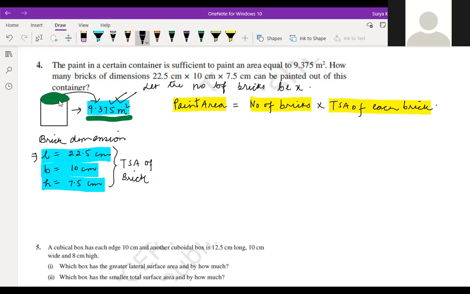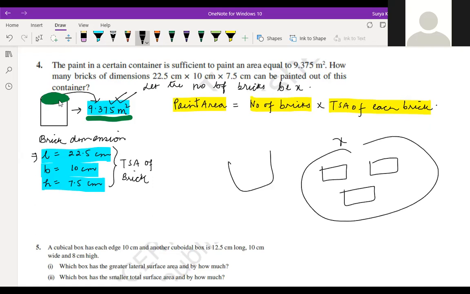So paint area is equal to number of bricks multiplied by TSA. Suppose one brick is there. We don't know how many bricks. Suppose X bricks are there, and one paint container is there. This paint you should use to paint these bricks. So we don't know the number of bricks. So what should we do? The paint area is written here, and the total number of bricks is here. TSA of each brick is here. Is it clear or not, children?